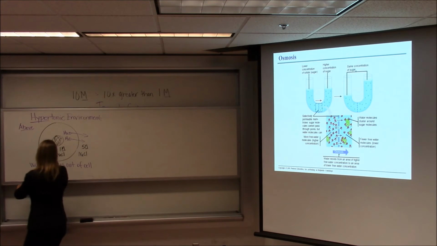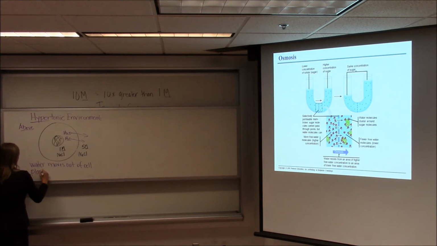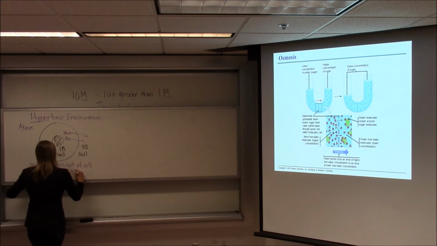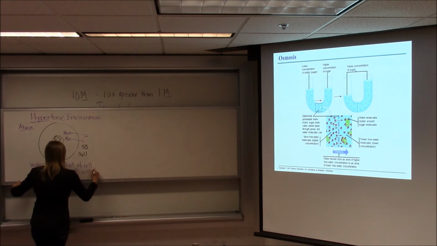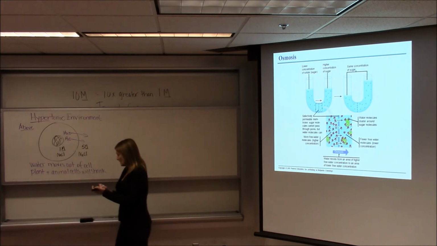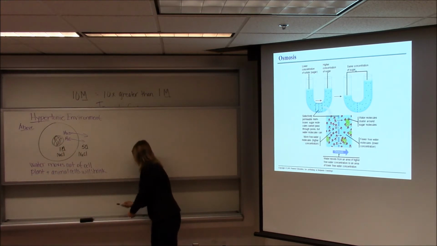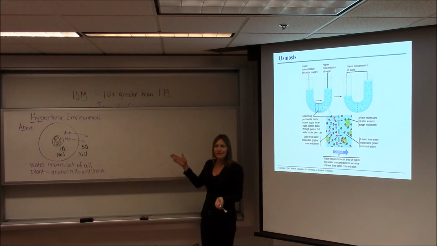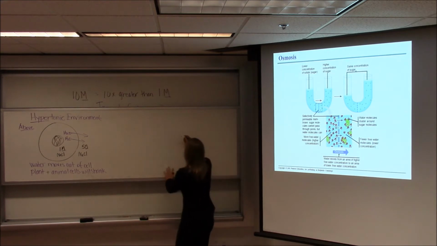So over time, both plant and animal cells will shrink in a hypertonic environment. Let's look at the opposite scenario. Let's look at this situation where the solute concentration outside the cell is actually lower than what's inside the cell.